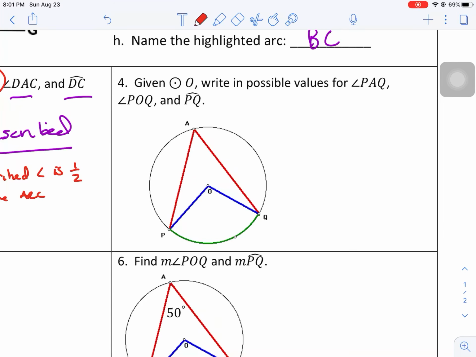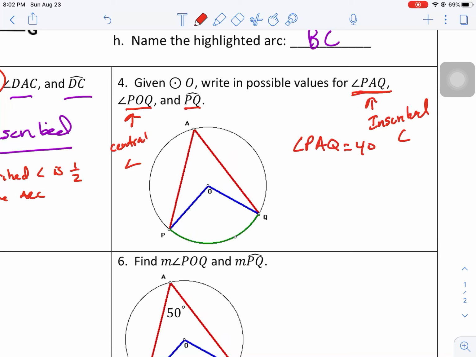But now we have PAQ, POQ, and arc PQ. So we have PAQ is inscribed, and POQ is a central angle. Okay? So all we're going to do is just give one angle. Let's do this one again. Let's do angle PAQ equals 40.